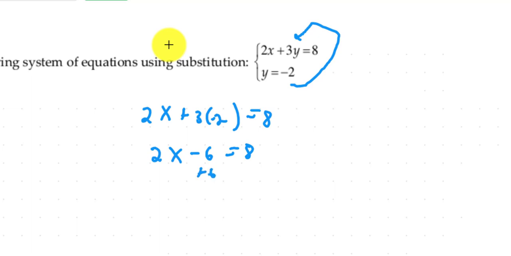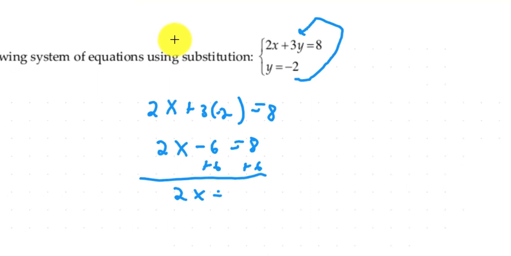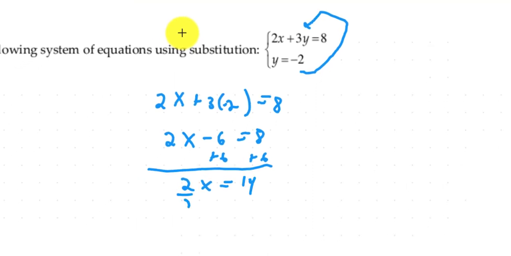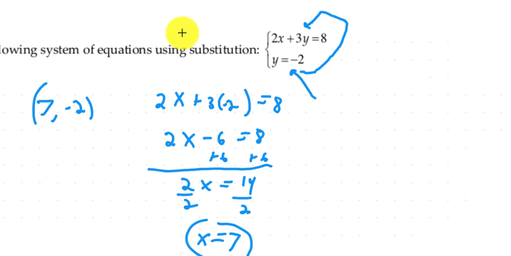I add 6 to both sides, and I'm left with 2x equals 14. Divide by 2, and you get x equals 7. And the ordered pair would be 7, -2, because we know y equals -2 and x equals 7. All right, so far so good.